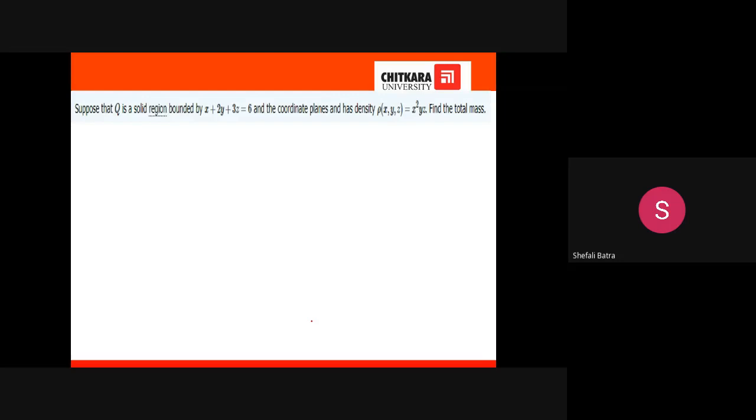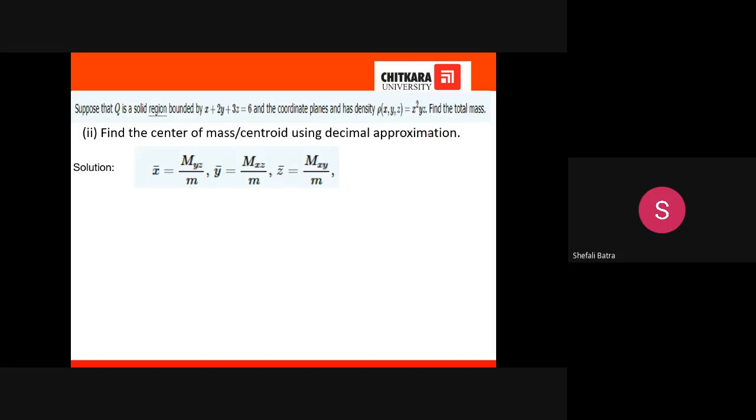Suppose Q is a solid region bounded by x plus 2y plus 3z is equal to 6 and the coordinate planes, and the density is given by the same. Find the total mass, we have done it. Along with that, find the center of mass or centroid using decimal approximation, meaning you need to find your answer in decimals. So now, what is the formula for center of mass or centroid?